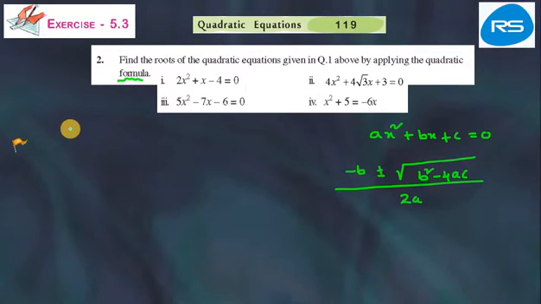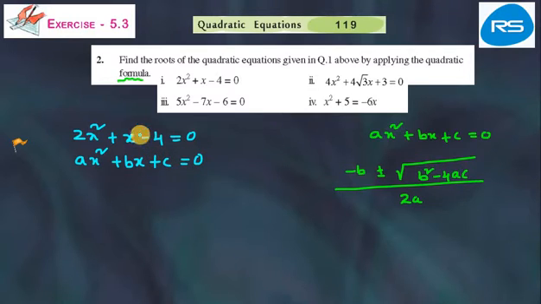question number 1, 2x square plus x minus 4 is equal to 0. You compare with ax square plus bx plus c is equal to 0.